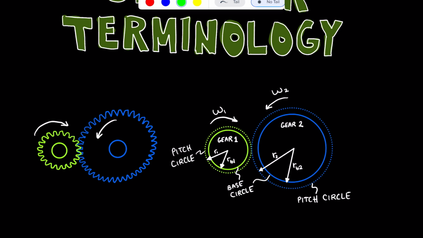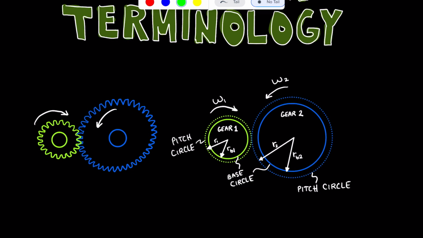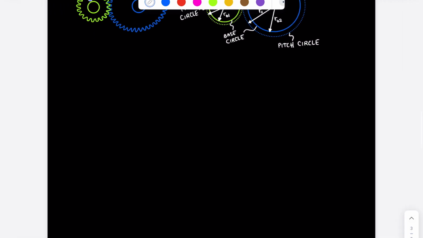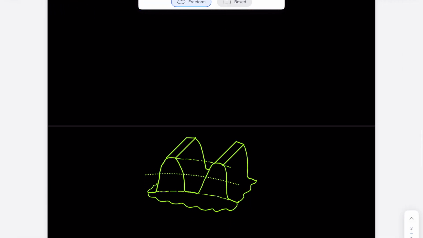So let's take a look at a zoomed in view of some of these gear teeth to try to understand where exactly we're looking. If I were to zoom in on the teeth up here on top of this pinion gear, it might look something like this.